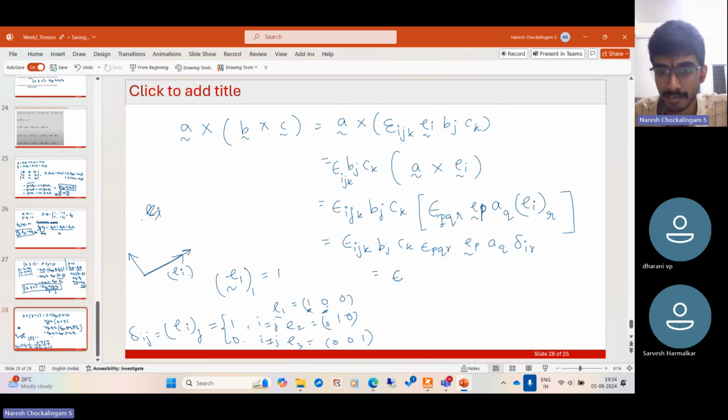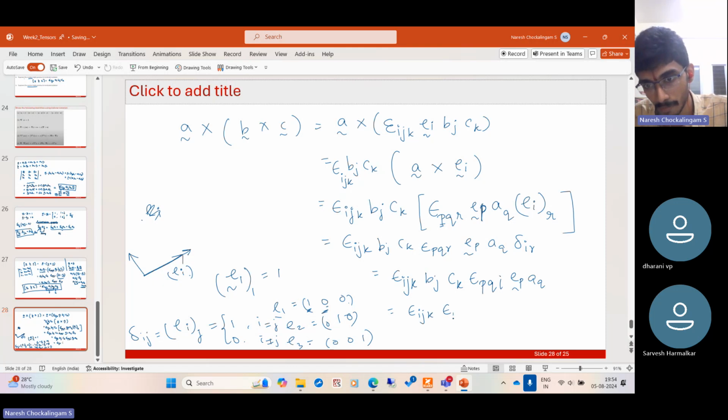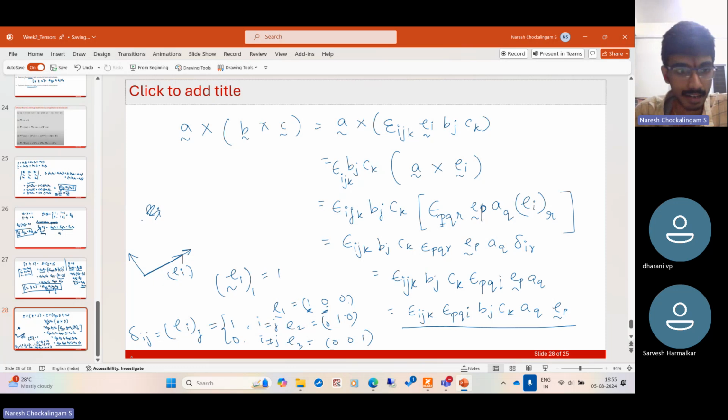So this becomes epsilon_ijk b_j c_k epsilon_pqi e_p a_q. You take the e_p outside, that's the basis vector, and the rest of it is epsilon_ijk, epsilon_pqi, b_j, c_k, a_q, e_p. Right, this is there. Let me continue on the next page.